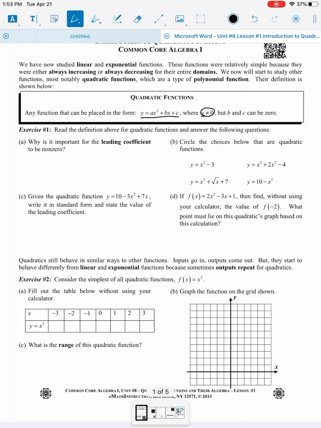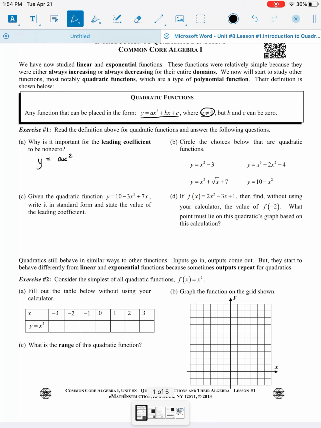Now, going into our exercise 1, we really first want to discuss why a cannot be 0 in our quadratic function. And I'll just rewrite the form of the function as y equals ax squared, and we'll forget bx and c for now, and we'll just focus on our leading coefficient of our first term of the function.